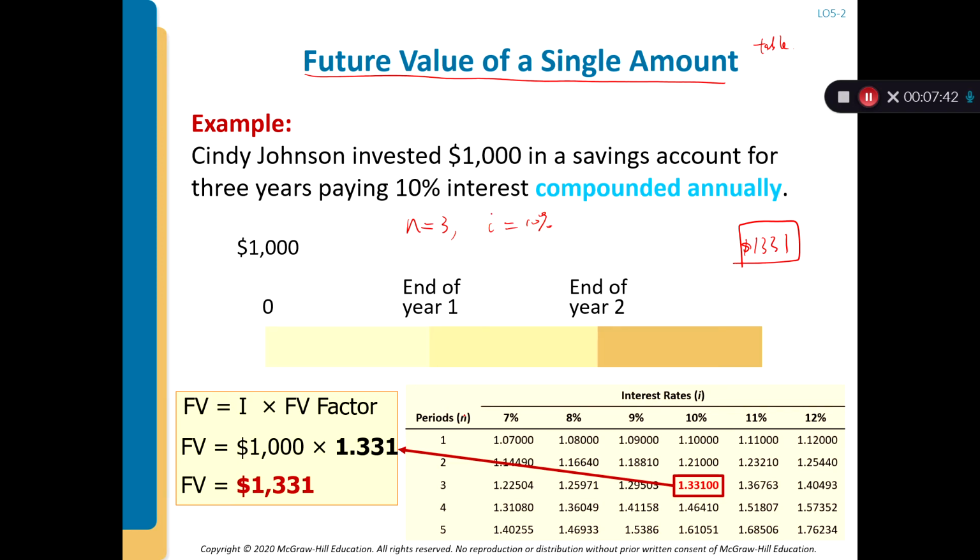So in this table we can find the 10% column and 3 row, and we find that the future value factor is 1.331, which is the base of 1,000 multiplied by 1.331. We know that the future value is $1,331.